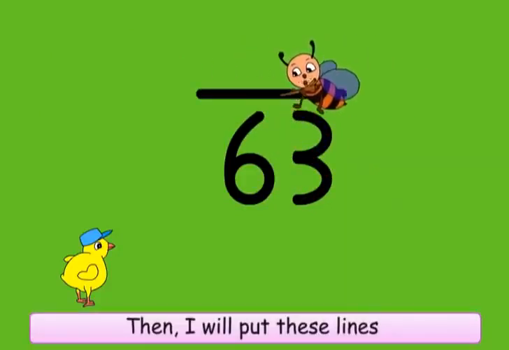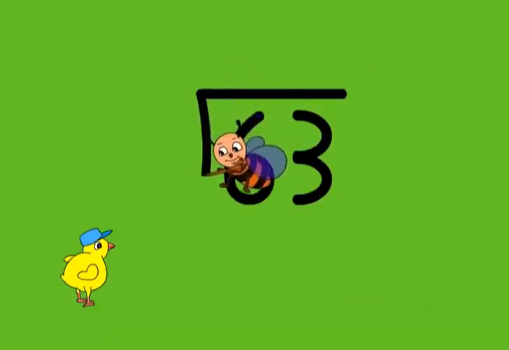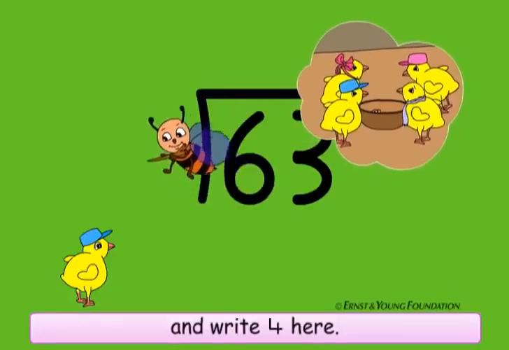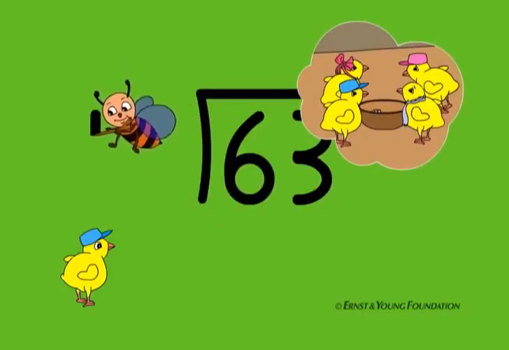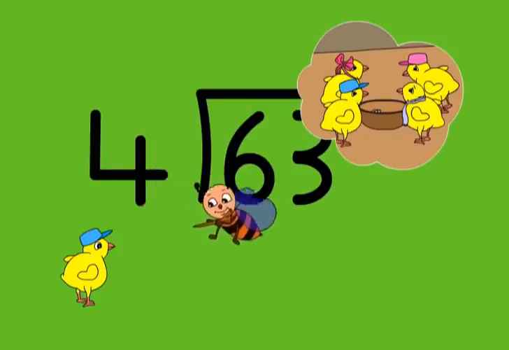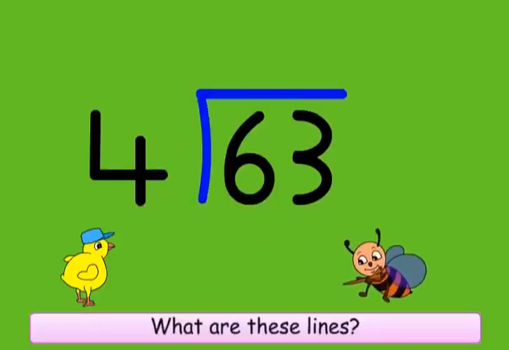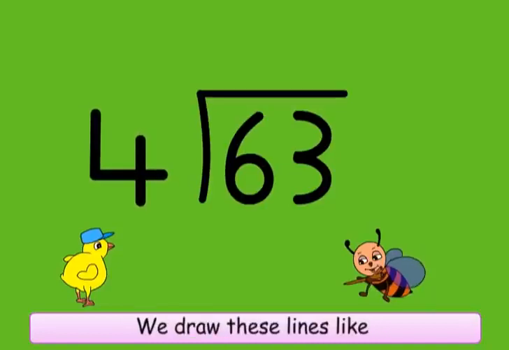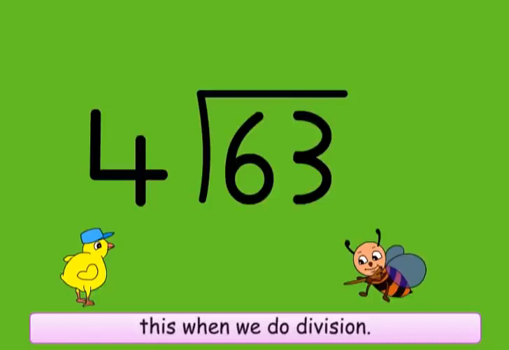Then I will put these lines and write 4 here. What are these lines? Why do you write 4 here? We draw these lines like this when we do division. I write 4 here because I have to divide 63 by 4. Let me do it now.